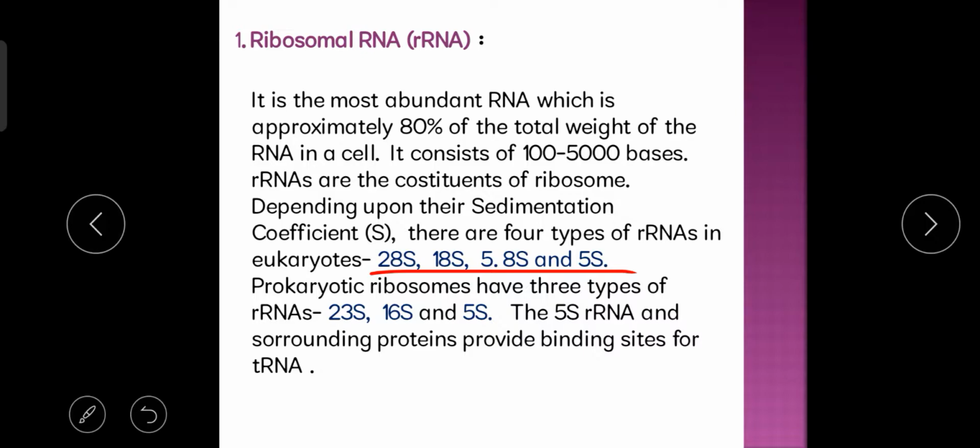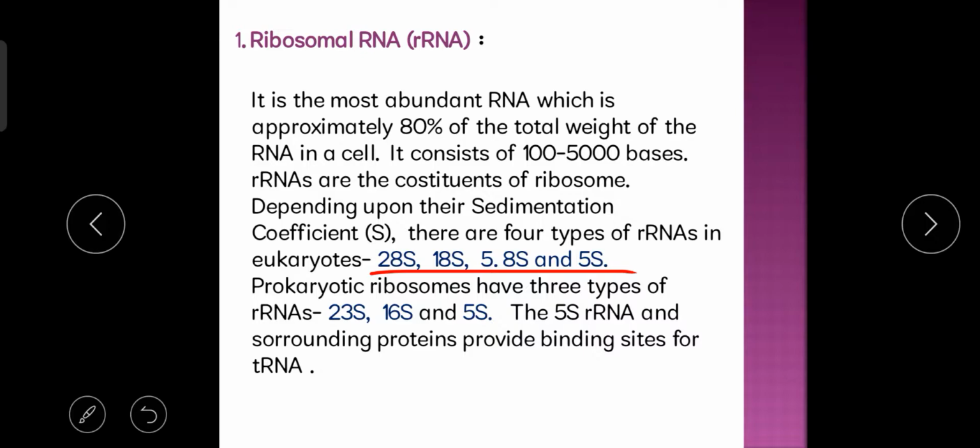So there are 4 different types of ribosomal RNA in the eukaryotic cell: 28S, 18S, 5.8S and 5S.